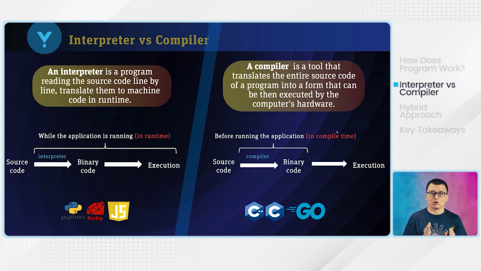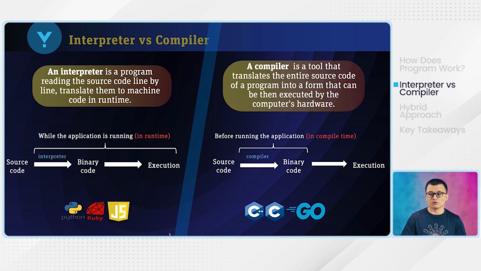So the programming language will use either interpreter or compiler or both. Okay, there are also some programming languages that use both the compiler and interpreter, and this approach is known as the hybrid approach.